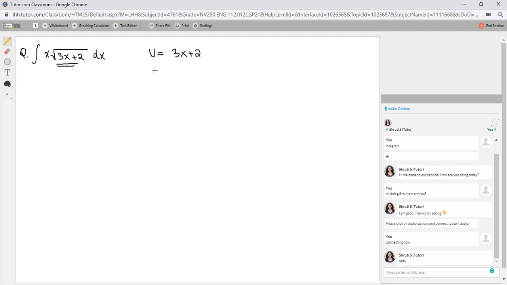And we would take the derivative of both sides. For instance, du over dx equals d over dx of 3x plus 2, and this would equal 3.